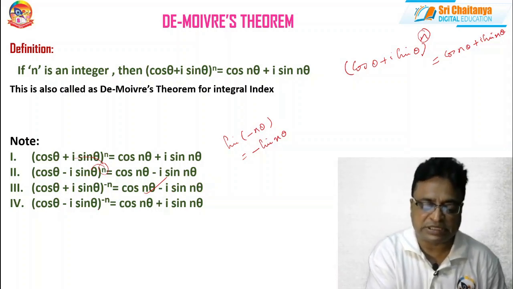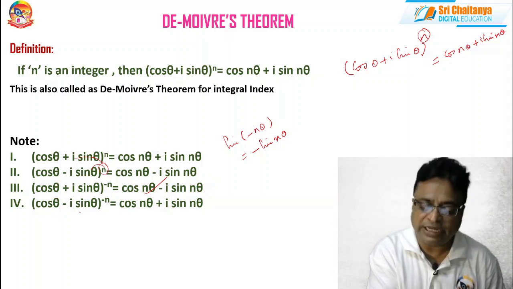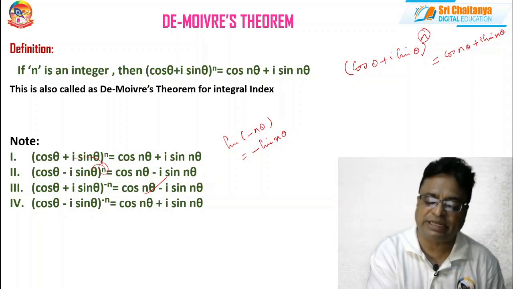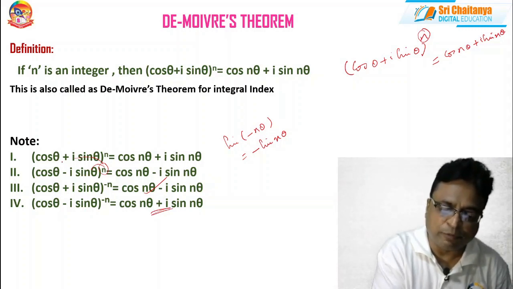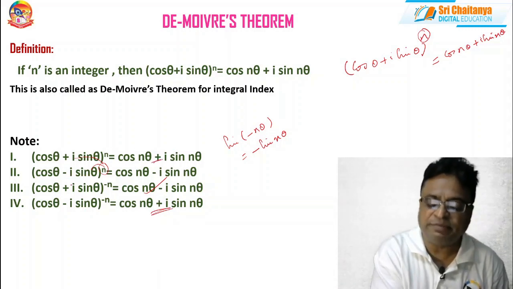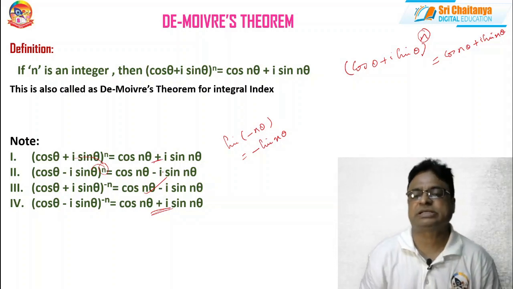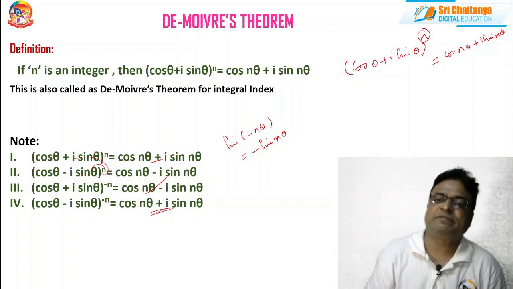Similarly, (cos theta minus i sin theta) whole power minus n is equal to the same thing, cos n theta, here minus i sin minus n theta. Sin minus n theta is equal to minus of sin n theta. Minus and minus becomes plus. That's why, if both the powers are positive, you will get plus. If one of them is plus and the other minus, then you will get minus in between sin and cos. This is the simple way to remember the formula.